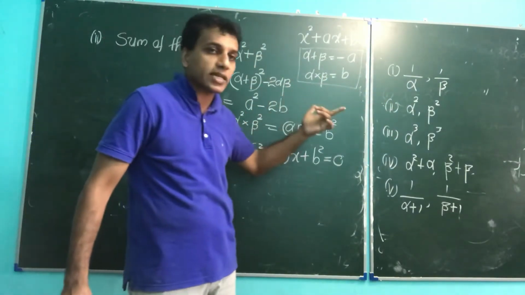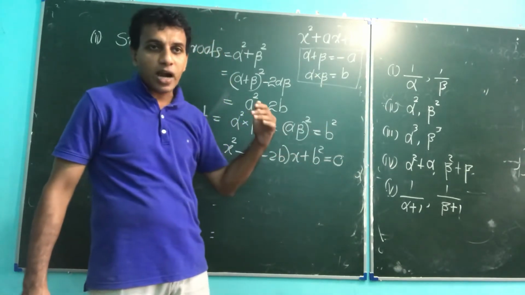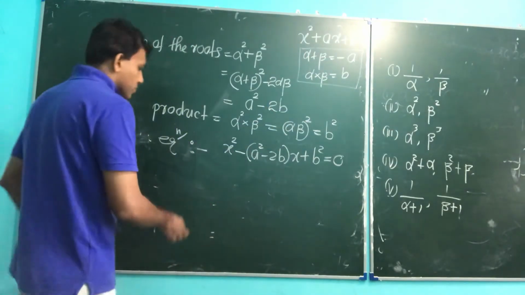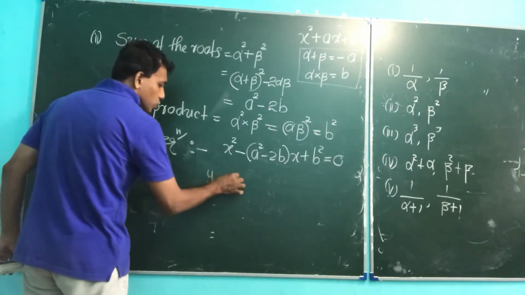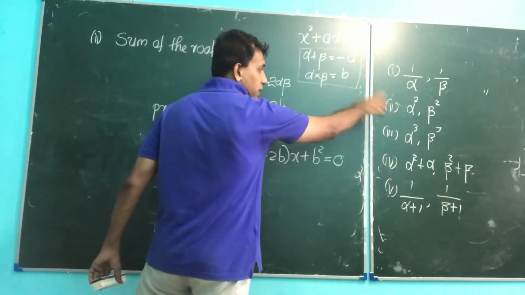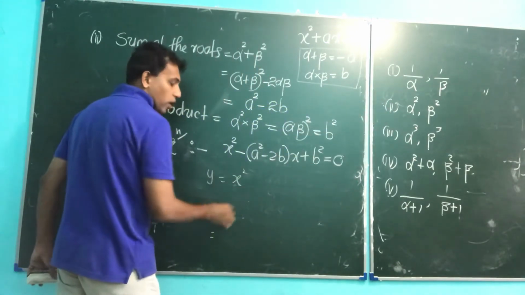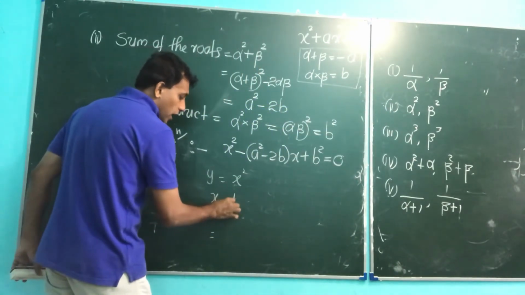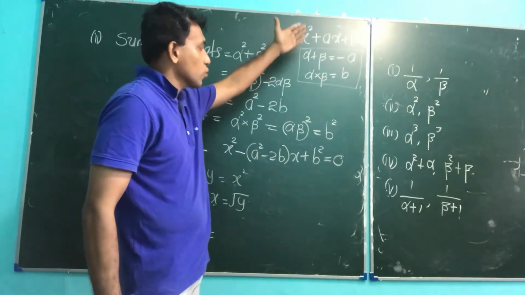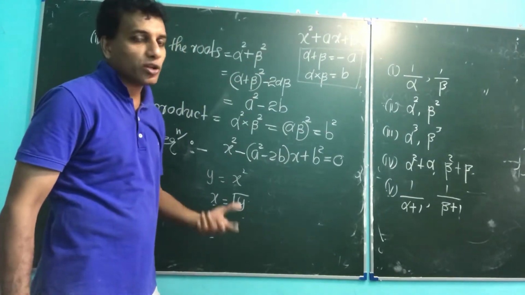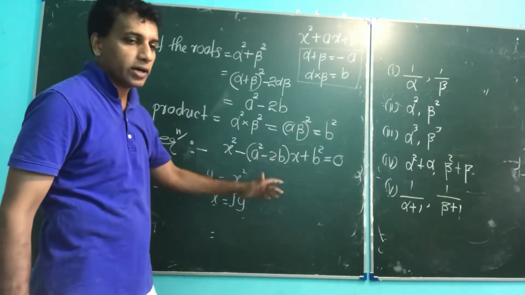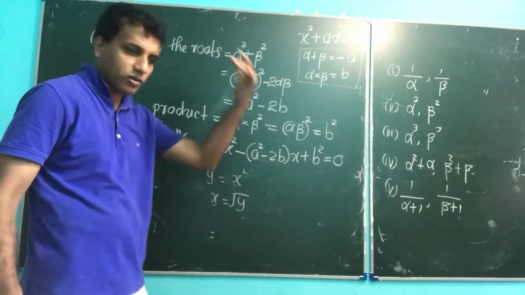Here how is the y answer? y equals x square. Otherwise x equals square root of y. Then if you put x for square root of y, later you have to remove the root. That is a difficult task, right? Therefore we avoid it at the moment. Later I will show some different cases. I have a lot of questions, right?